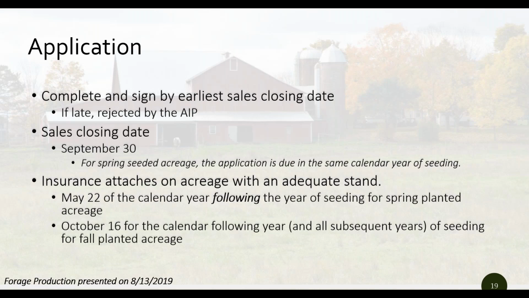Identify the county, the crop, forage production, and coverage level, whether that's CAT level, 50%, 55%, 60 on up to 75%, which is available for forage production. You want to make a price election. The current price, I believe, is $189. You can select a price election, which means you can select 100% of $189 or something less. Any optional endorsements you may want on the crop, which there are none for forage production.